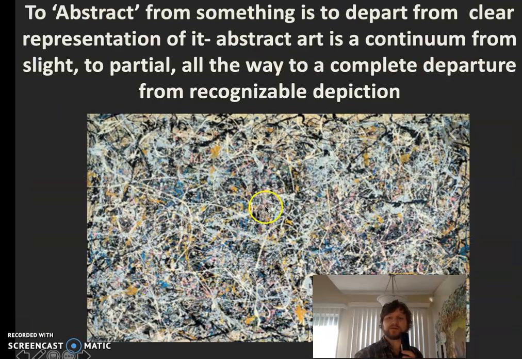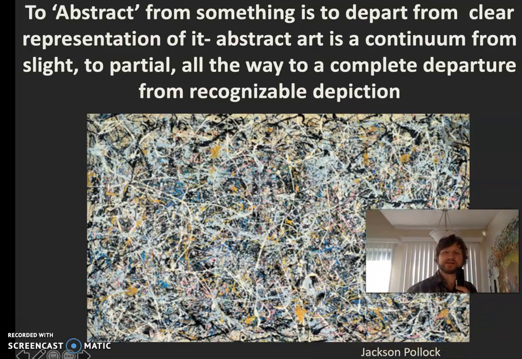Okay, so this is Jackson Pollock, a very famous abstract artist. I think when people think abstract, they think they have to go completely all the way to a full departure from reality. And that's not really the case. Really, abstract means you depart from something, and there's a continuum here. You can go from slight abstraction.